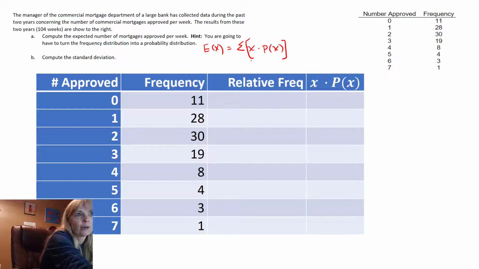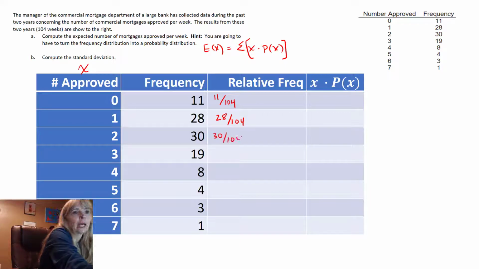Well, the first thing I notice is, okay, this is x, but I don't have p of x, the probability of x. Sure you do, because all you do is take 11 divided by 104, 28 divided by 104, 30 divided by 104, and you do this all the way down until you get your probabilities.